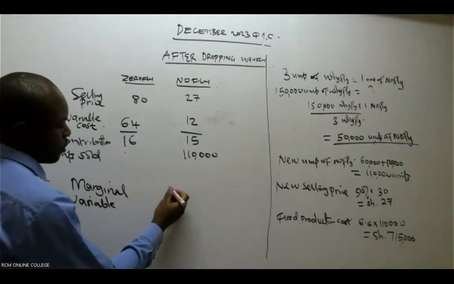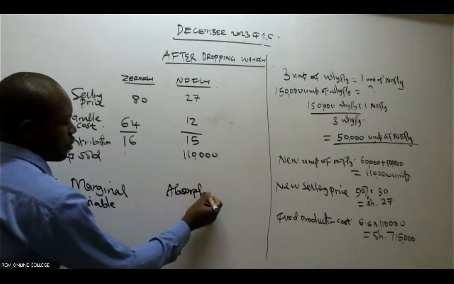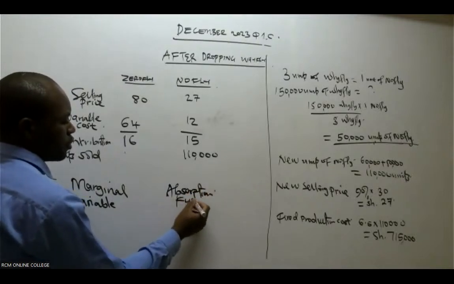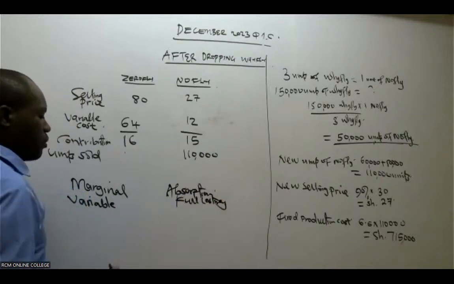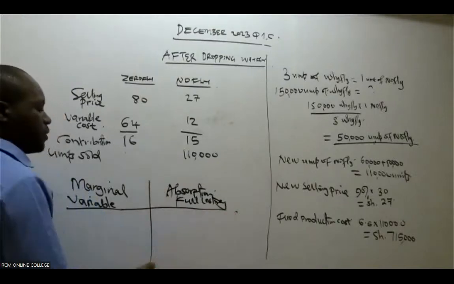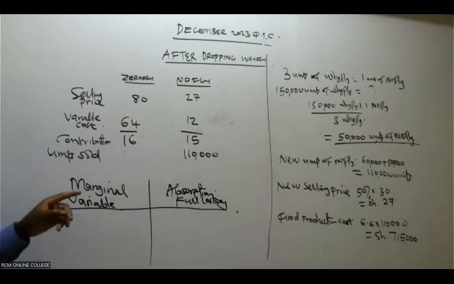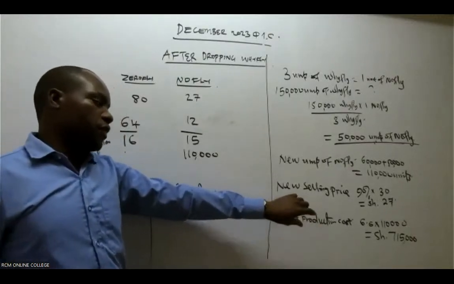Here we call it full or absorption costing system, or costing method or technique. So when I want to deal with these two, the difference is basically how we are going to deal with the fixed production overheads. This is what brings the difference.